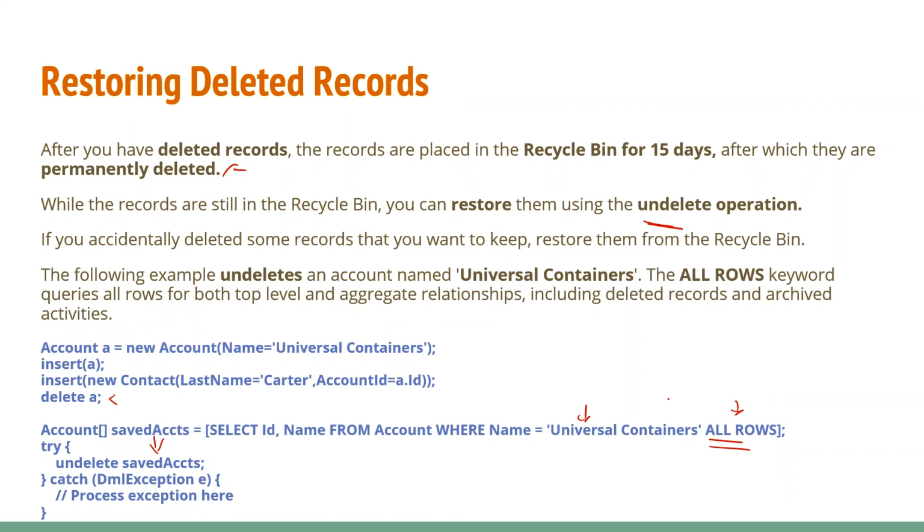The ALL ROWS keyword queries all rows for both top level and aggregate relationships. So if there is any existing relationship with that particular record, it will also query that data. Otherwise it will fall into this catch.